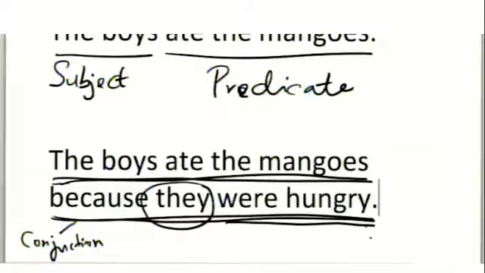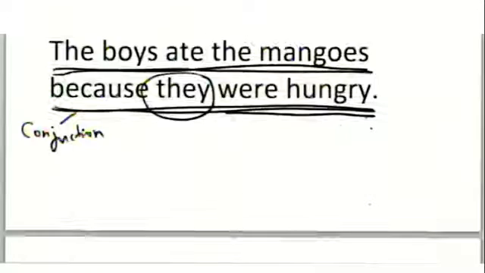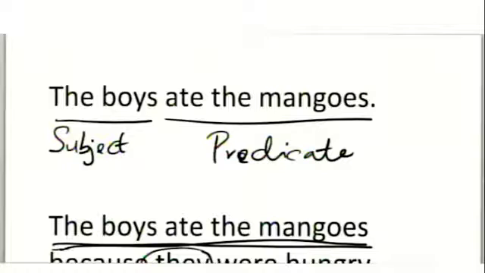Okay, so our next objective is to go to the elements that make up a clause. It is made up of a subject. Let us go back and look at our first example again. We said the boys ate the mangoes. So we have the boys, which is the subject.